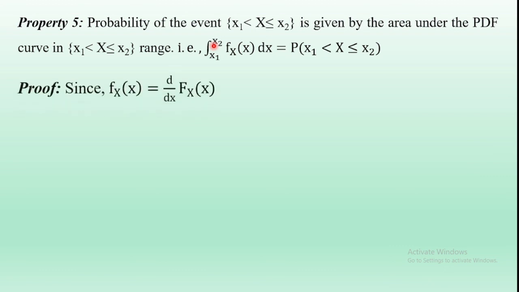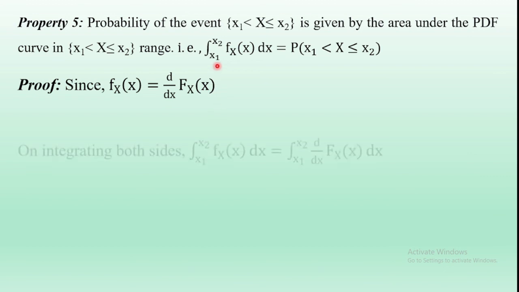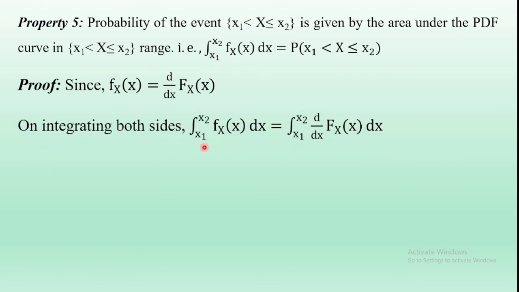Now coming to the proof, we know that the probability density function is the derivative of the distribution function. So integrating on both sides of this equation over the interval x1 to x2, we get this expression. On the RHS side, differentiation and integration cancel. The remaining RHS term is the cumulative distribution function over the interval x1 to x2.